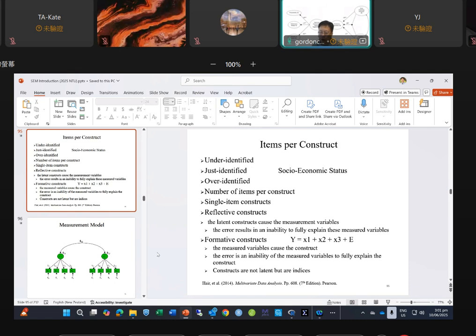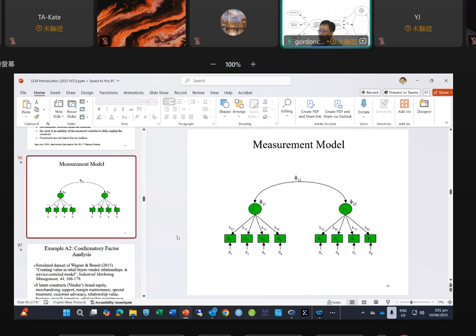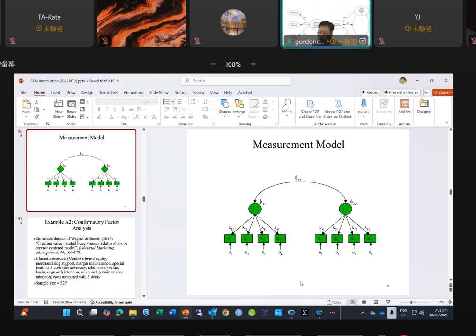If you want to include both, you have a factor model for your reflective constructs, but for the formative constructs, you take the average of the items, and that becomes a single-item factor, because that is an index. That is how we include both reflective and formative constructs in the same SEM model. Okay?